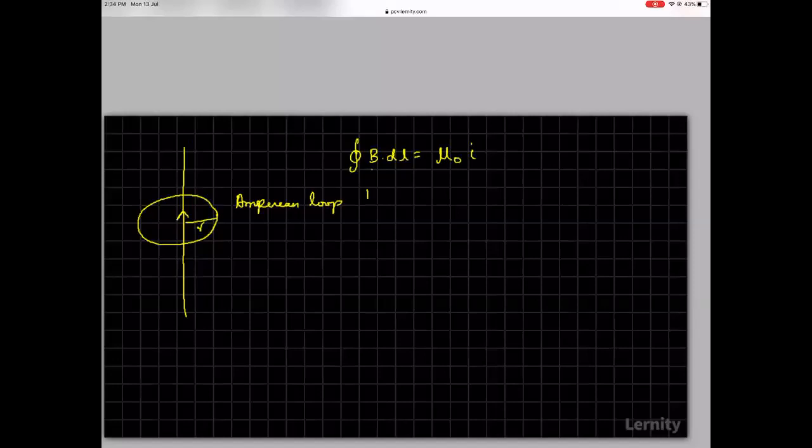So B integral dl is equal to mu naught into I. So B is equal to mu naught I divided by 2 pi r, as the length of this line is 2 pi r.